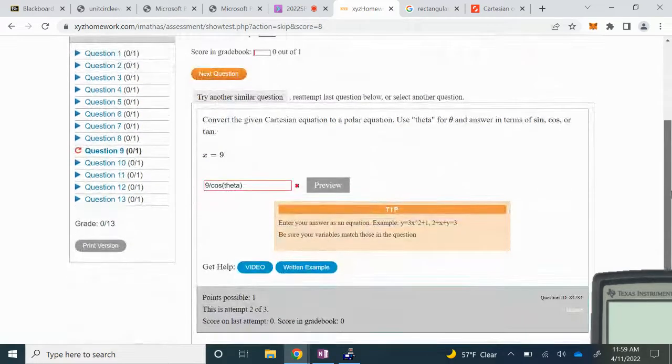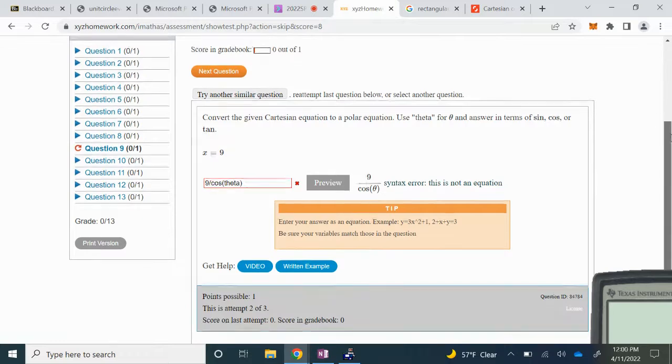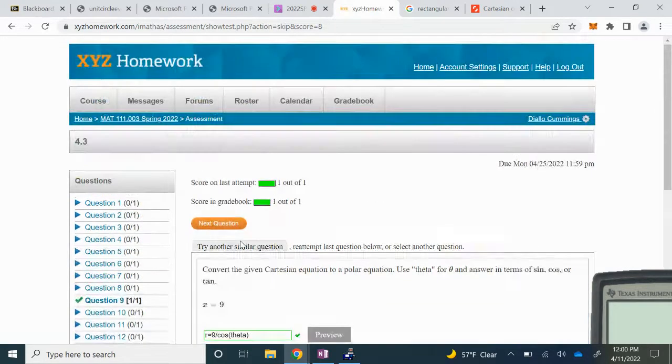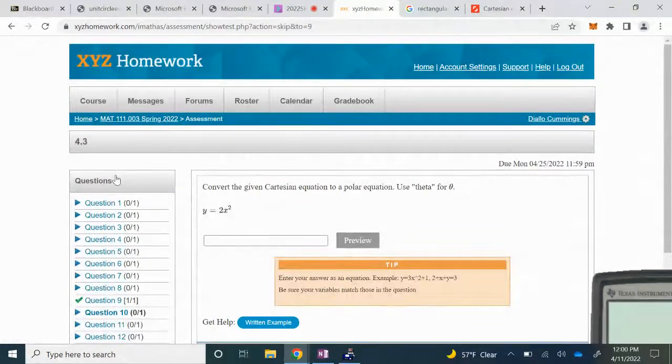And what did I not do on this? I did not put in r equals, I believe. You have to put in r equals. For problem number 10, this was the only problem where you actually didn't solve it for r.